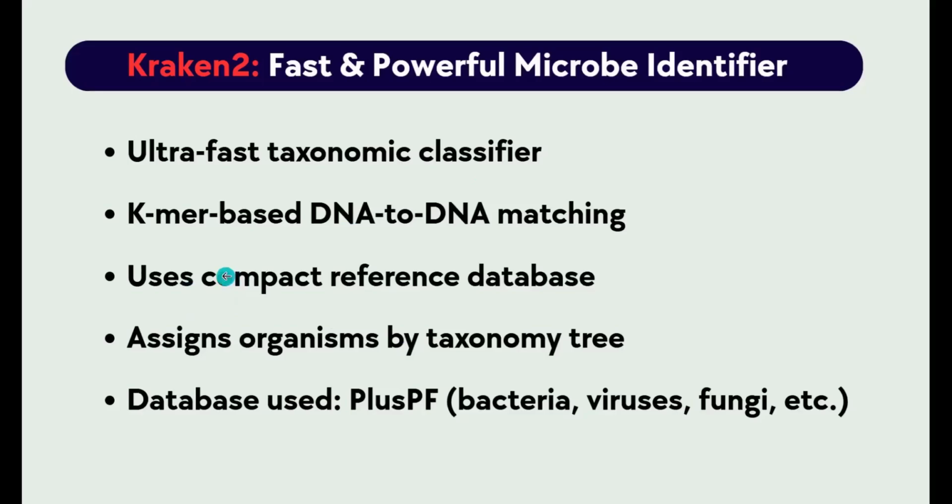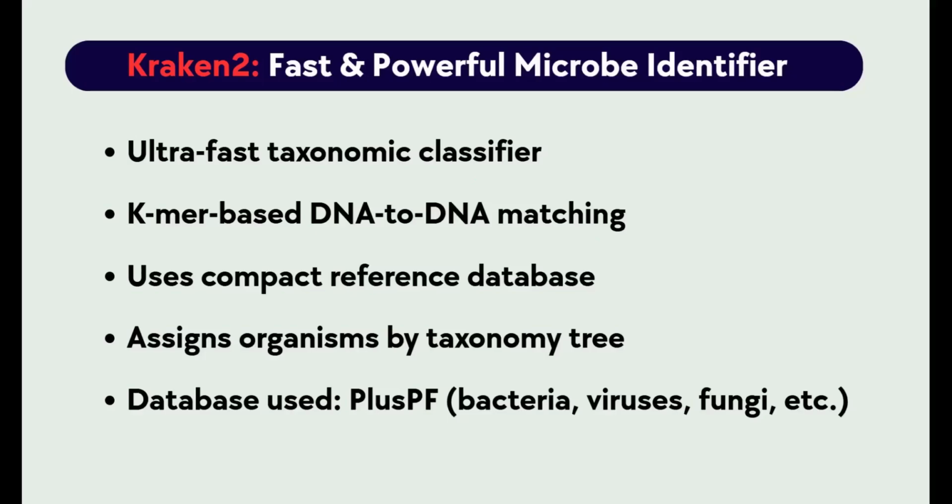The second point mentions that Kraken2 uses k-mer-based DNA-to-DNA matching. Instead of comparing entire DNA sequences, Kraken2 breaks each read into smaller pieces called k-mers. Kraken2 then matches these k-mers, these fragments, against a database of known sequences.